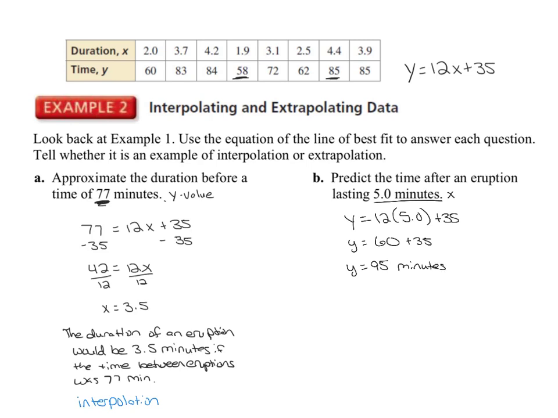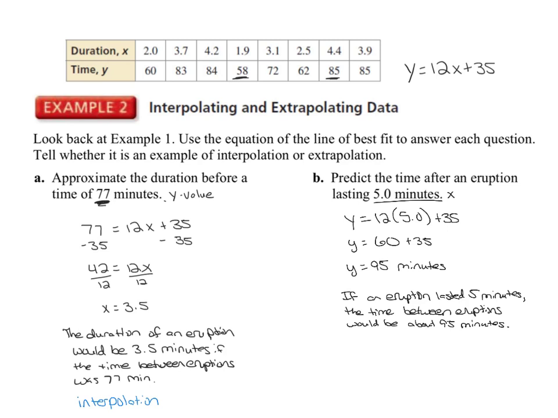Okay, so if an eruption lasted 5 minutes, the time between eruptions would be about 95 minutes.